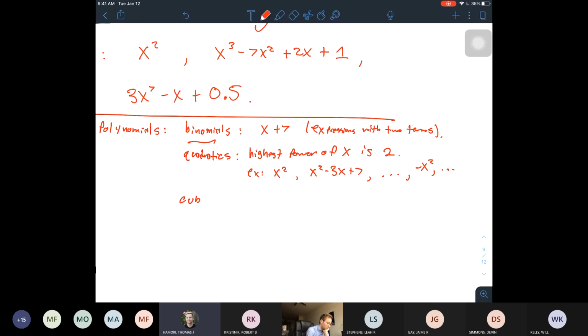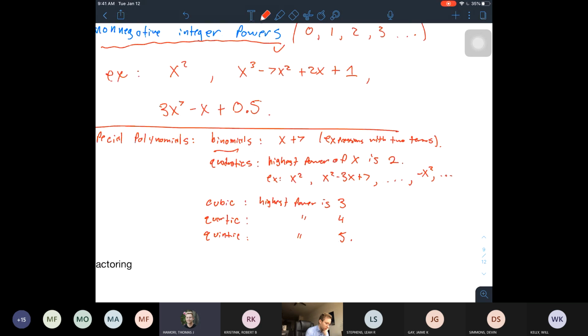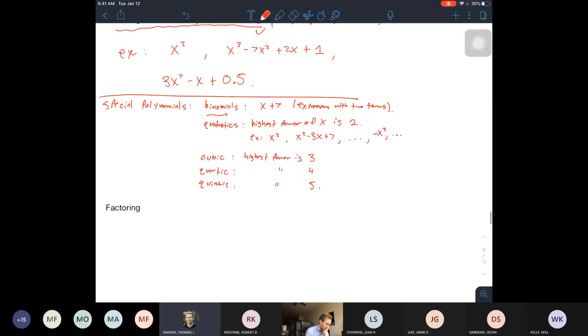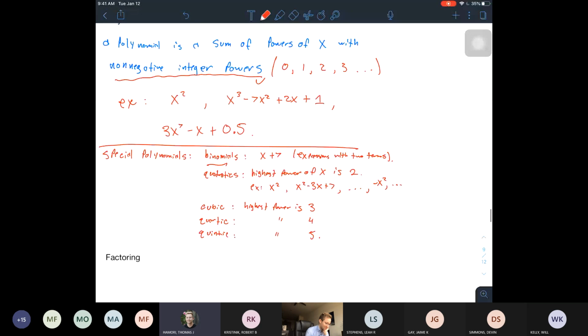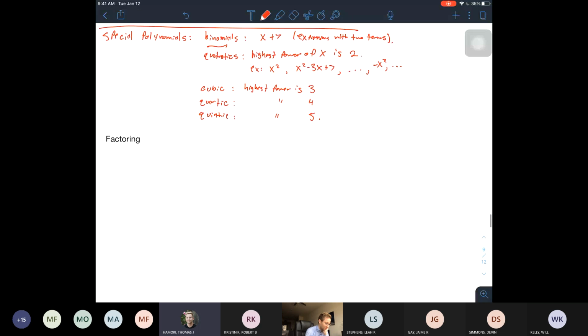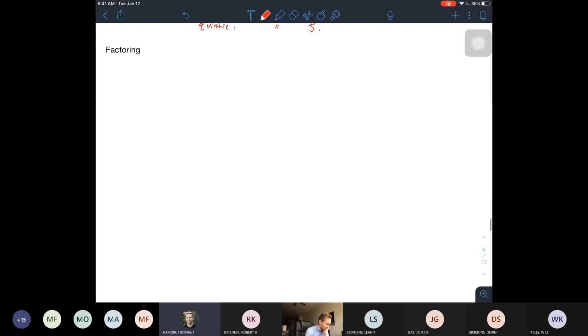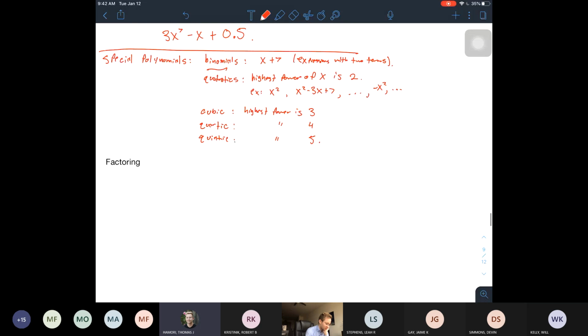We also use cubic to say the highest power is 3. We actually have words for 4 and 5. They're quartic and quintic. Those ones we don't really talk that much about. But there's some trivia for you if you're ever at a bar and they ask you what a polynomial with the highest degree power of x being 5 is. You'll know that it's quintic. If we ever go back to bars again. Sad face.